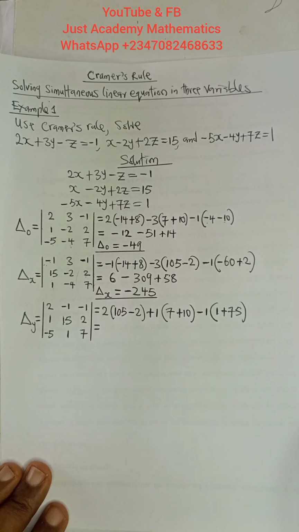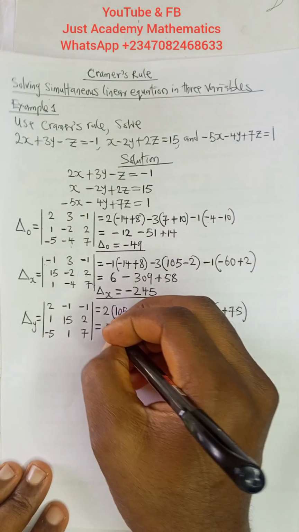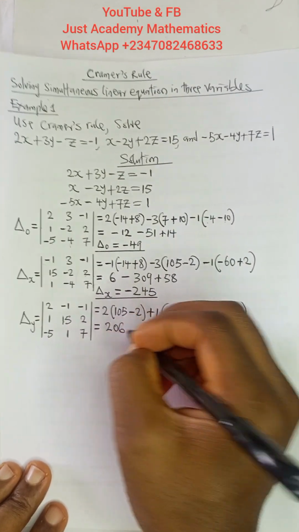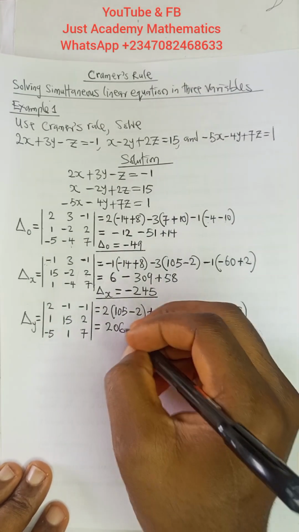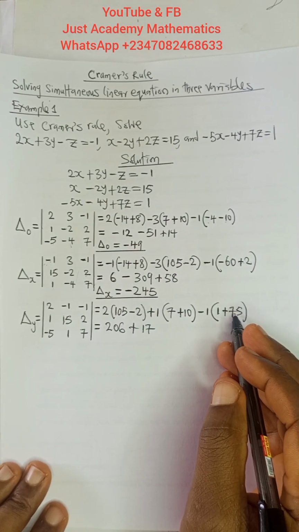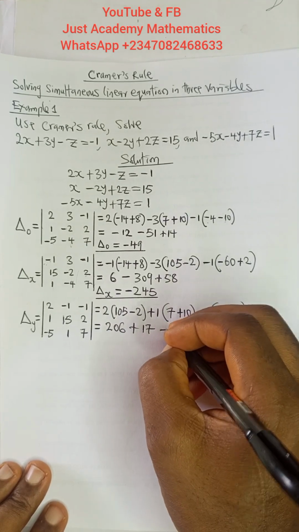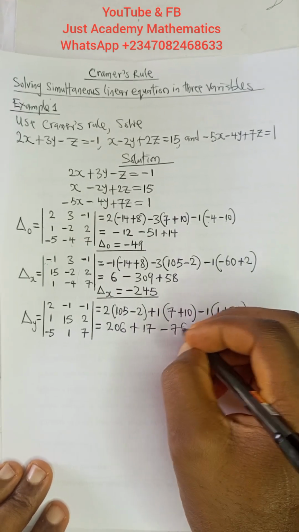If I'm not making a mistake, yes, 105 minus 2 is 103, times 2 will give us 206. This is 17 times 1, which remains 17. This is 76 times minus 1, minus 76.